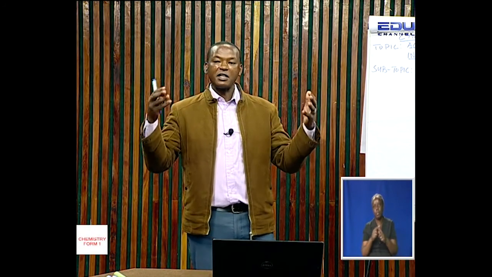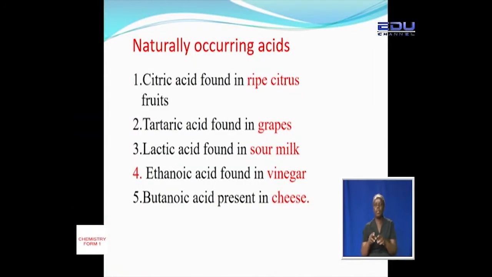Now we have naturally occurring acids. These are the acids that occur in our environment. If you take any ripe citrus fruit, we can get citric acid from inside. Any grape that you take, we can get tartaric acid.